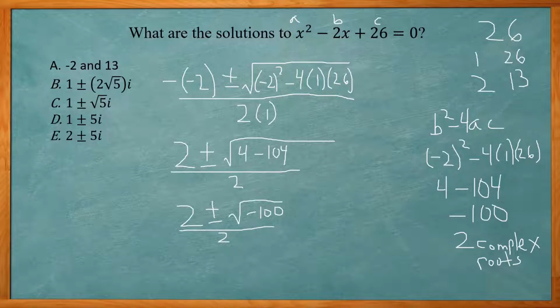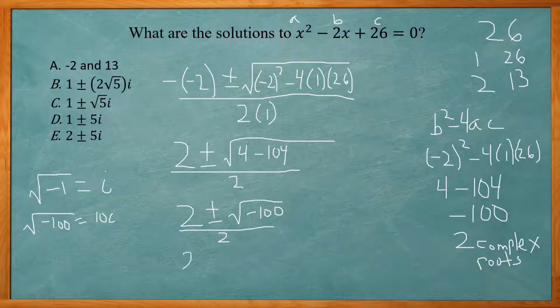Now the square root of 100 is 10. And remember, the square root of negative 1 is equal to i. So that's our complex root. So square root of negative 100, take the square root of 100, gives you 10, and the square root of negative 1 gives you the i.